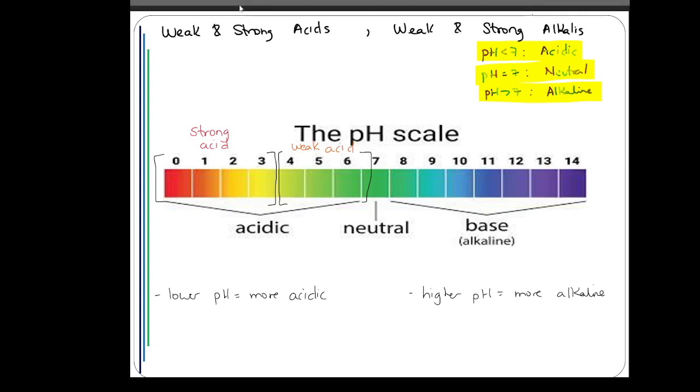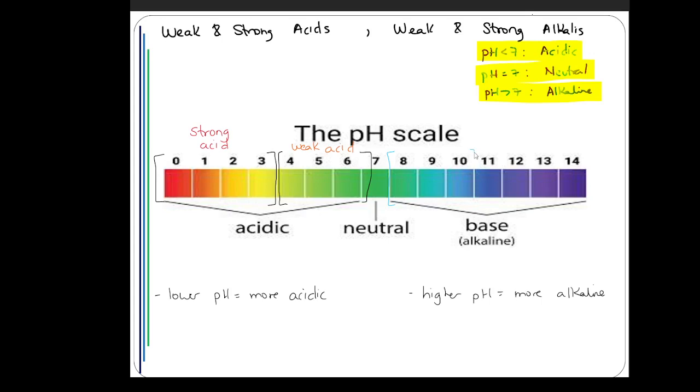We've already established that a neutral solution has a pH of 7. So we're going to look at solutions with a pH of greater than 7. And I'm splitting apart my region, which is a pH greater than 7, into two halves.